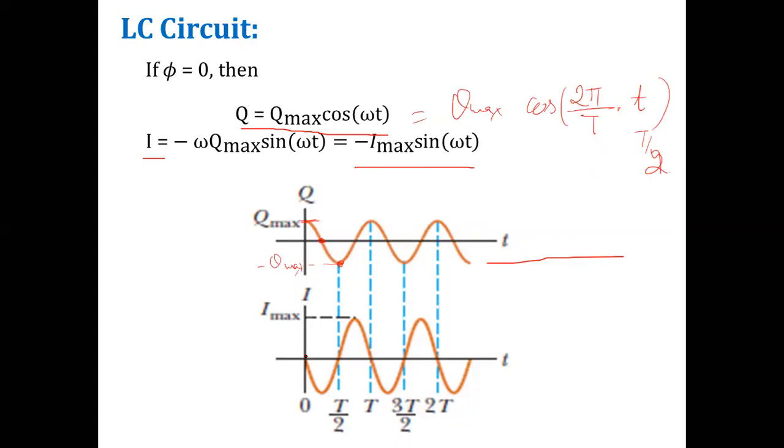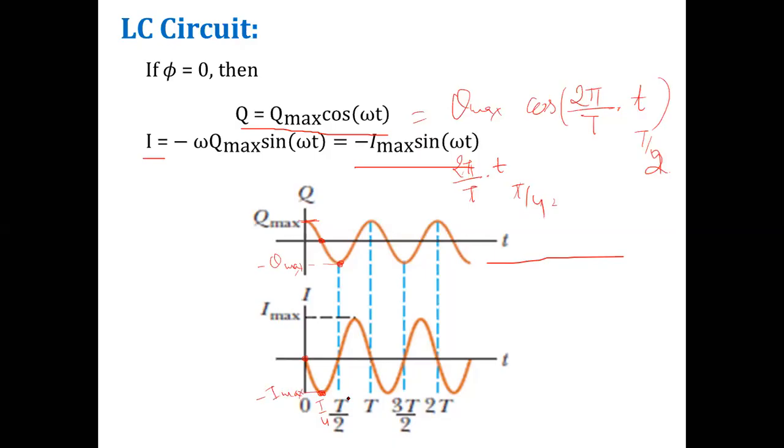Similarly, you can do the same thing for current. At time t equal to 0, your current is 0. At time t equal to T by 4, the time will cancel and you will have sine pi by 2. Sine pi by 2 is plus 1, and you will get minus I max. So at time t equal to T by 4, your current is equal to minus I max.